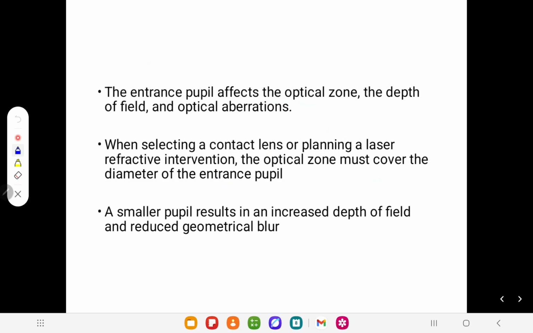So the entrance pupil affects the optical zone, depth of field, and optical aberration, isn't it? When selecting a contact lens or planning laser refractive surgery, the optical zone must cover the diameter of the entrance pupil. That's why we always measure contact lens back optic zone diameter and front optic zone diameter. In refractive surgery, we always consider the ablation diameter, and we always try to do pupillography.